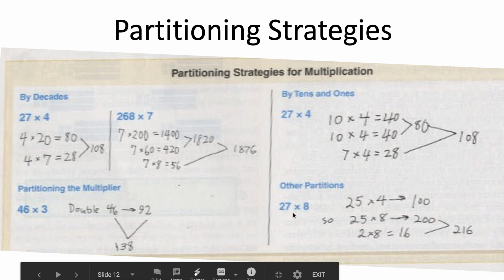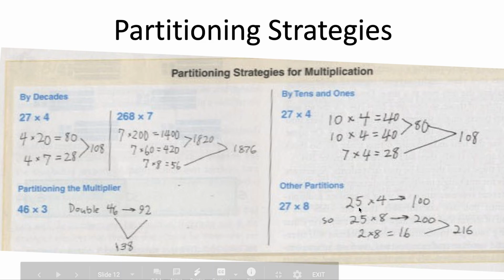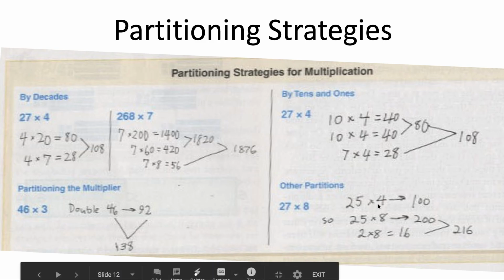So maybe the student thought 27 is very close to 25, and I know when I have 1 quarter it's 25 cents, and when I have 4 quarters that's 100 cents. So 25 times 4 is easy for me, and I know 25 times 8 is 200 cents. So changing 27 to 25.